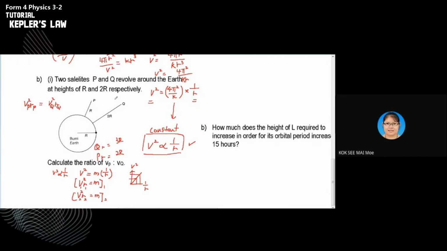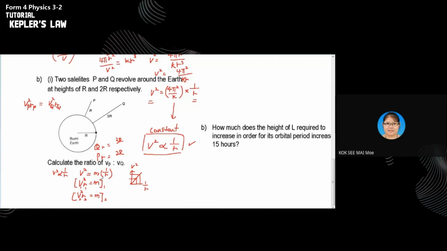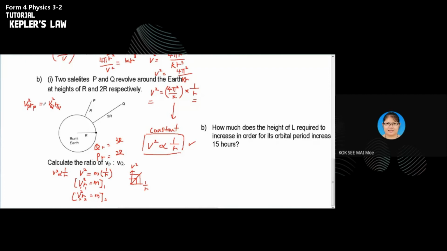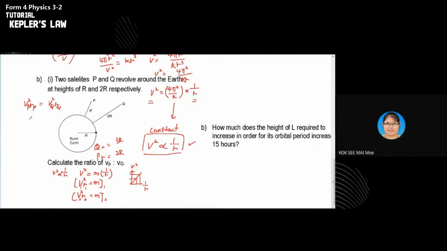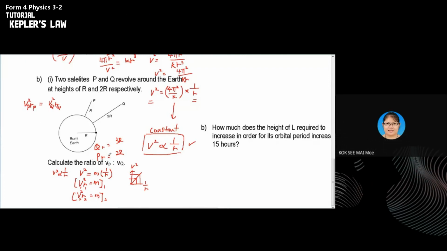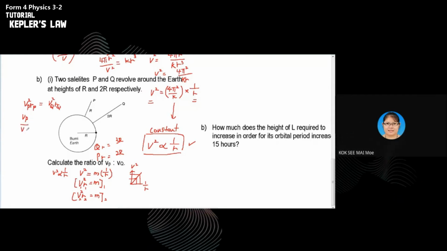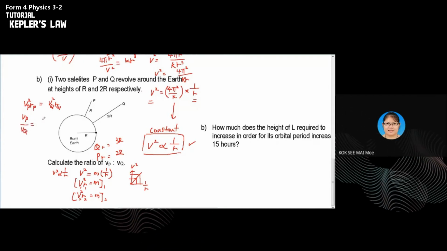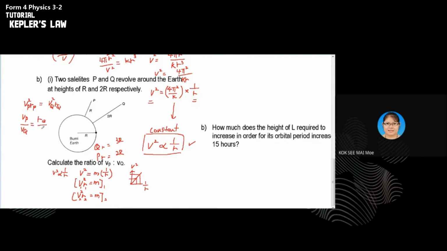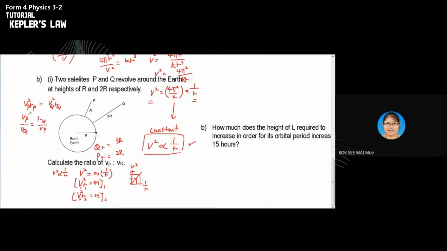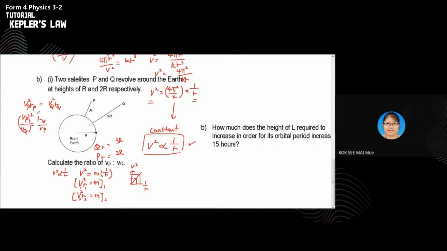Why can I write the equation like this? Because both have the same gradient. So now you want to find the ratio VP and VQ. So we write VP over VQ, so here should be RQ over RP. Okay, don't forget this was squared.